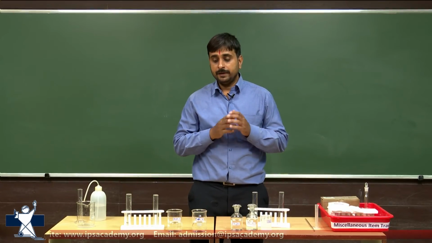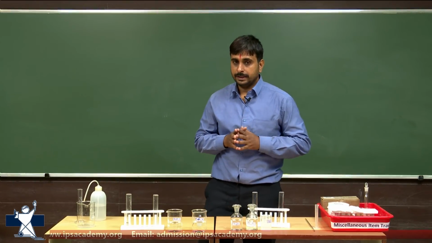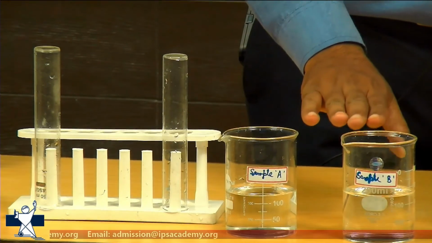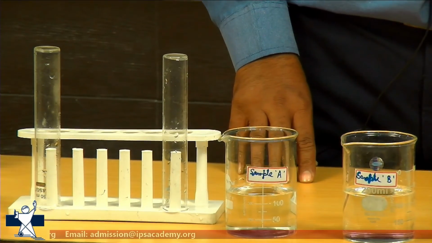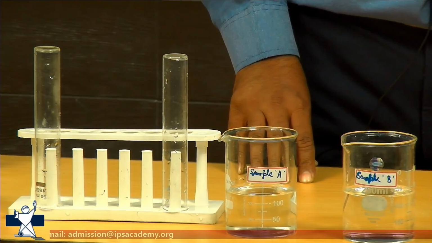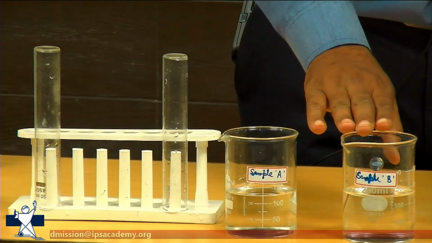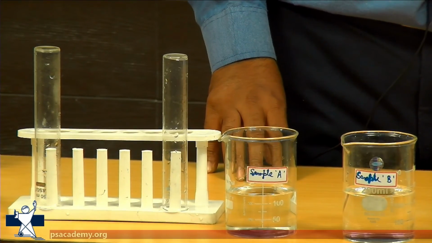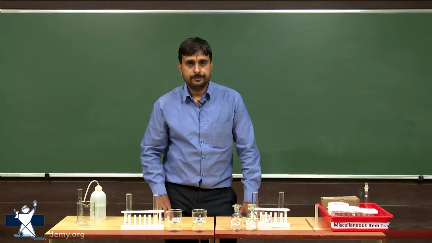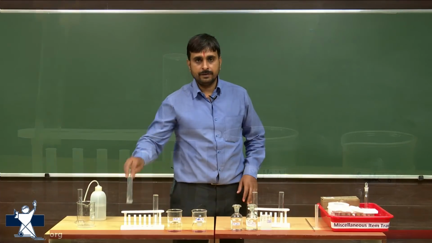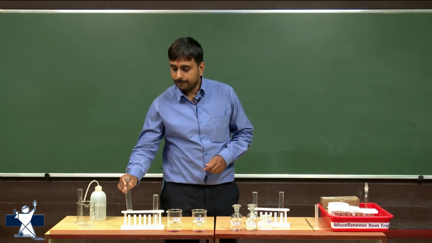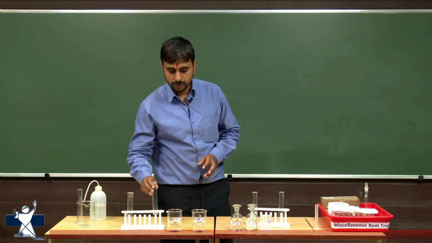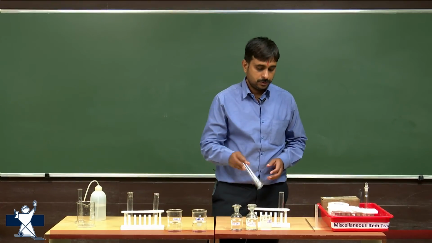We are having two samples again, sample A and sample B. We are going to study this limit test for sulfate in both samples and compare it with the standard solution.